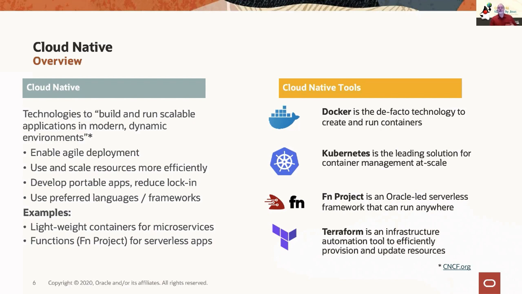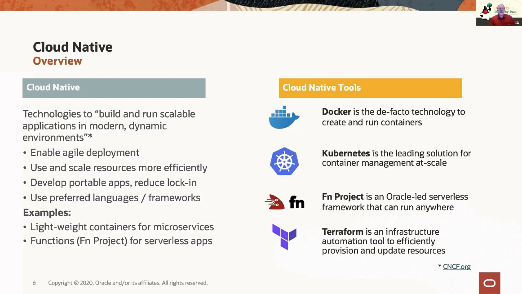Typical examples are the lightweight containers for microservices that we're going to be looking at today, but also serverless applications where you focus on the code and you don't worry about the deployment because that's managed for you by your provider. There are a huge number of tools in the area of cloud native.